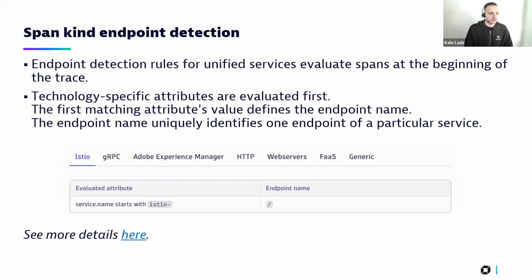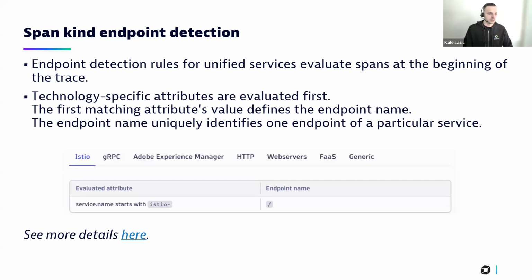What this actually means is that, based on the technology, there are some attributes that are evaluated in a specific order, and the value of the first matching attribute defines the endpoint name. And then the endpoint name uniquely identifies one endpoint for a particular unified service.